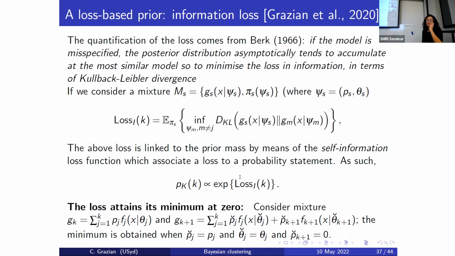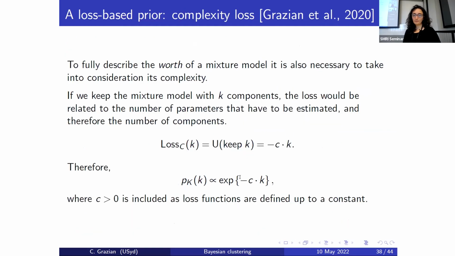But this loss obtains its minimum at 0, because it's always possible to write a model with K+1 components with respect to one with K components by setting the extra weight equal to 0, or some of the parameters equal to the parameters of the components in the K mixture model. So it's not really important in defining the prior distribution for K.